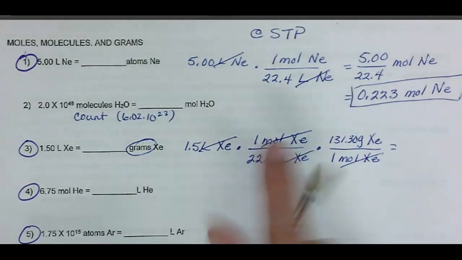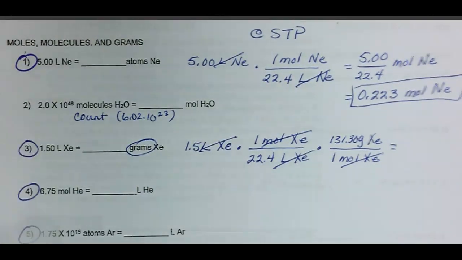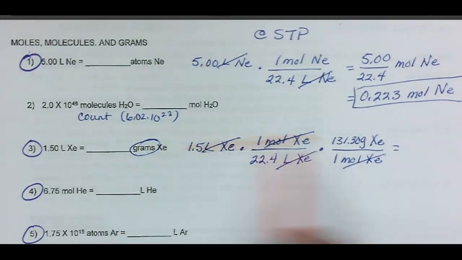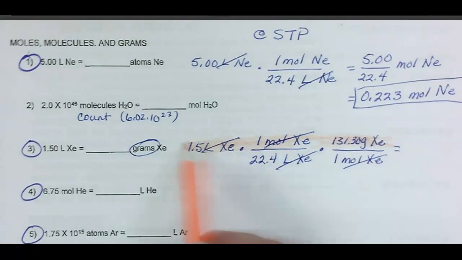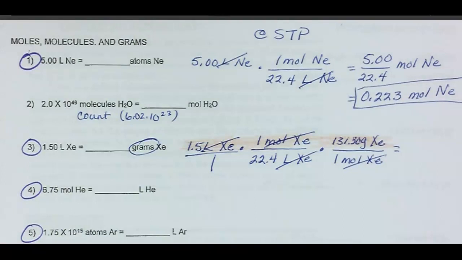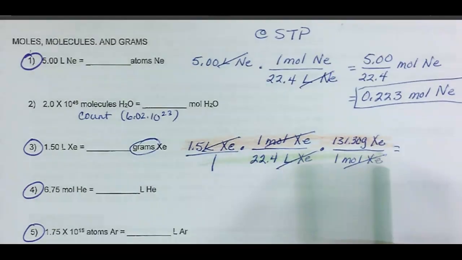I'm going to multiply again, guys, and we've done this multiple times. I'm going to multiply across the numerator. If you need this over 1 to help you see, then do that. And then we're going to multiply across the denominator.